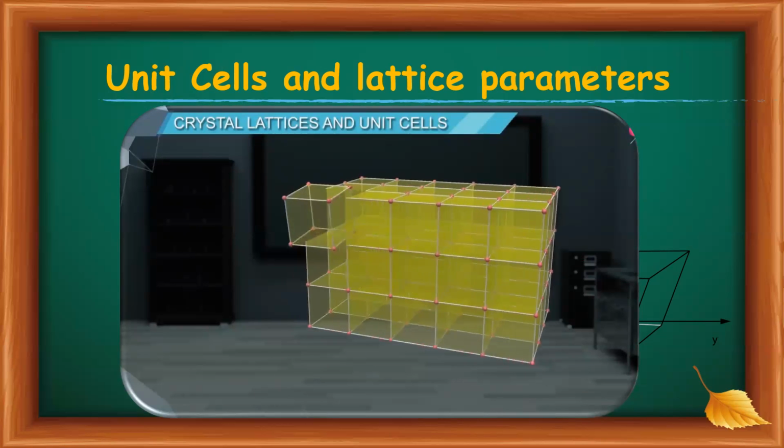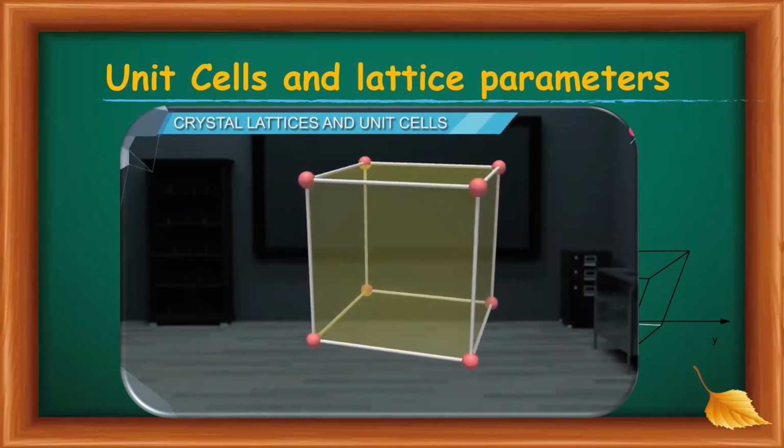A unit cell is represented by three edges a, b, and c along the x, y, and z axes. Please note that all these edges may or may not be mutually perpendicular to each other. In some cases they are mutually perpendicular, and in some cases they are inclined to one another.